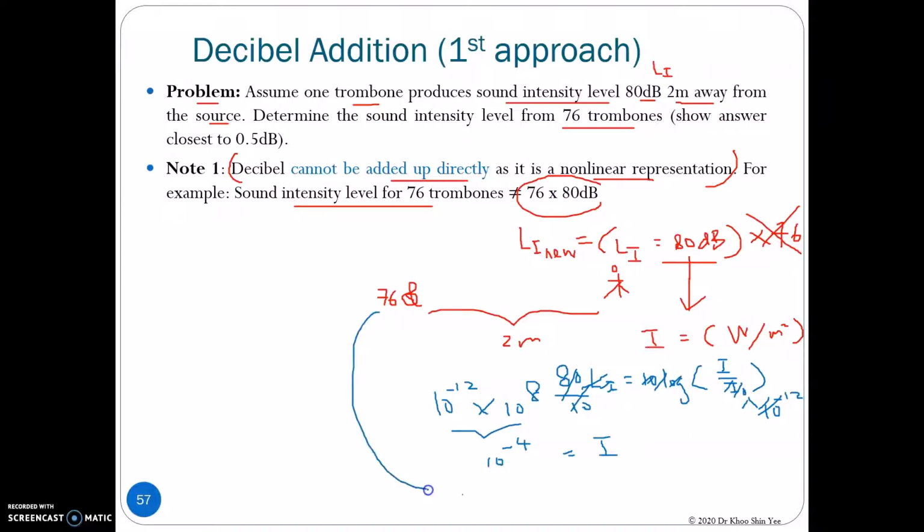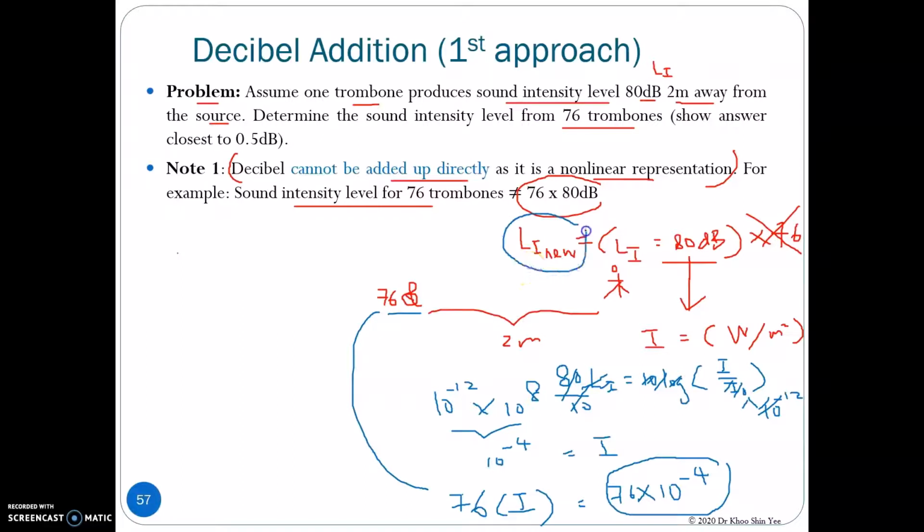For the 76 music instruments, it will produce 76 multiplied by the sound intensity. By doing that, you obtain 76 multiplied by 10 to the power of negative 4. So this is the total sound intensity when you have 76 music instruments.